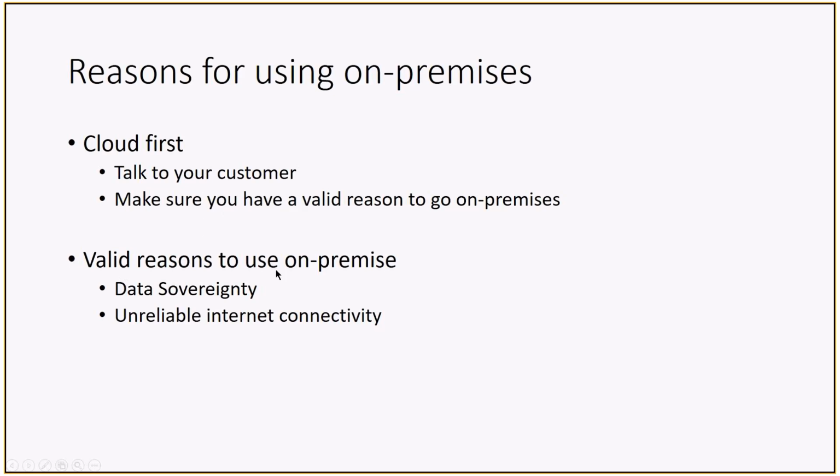The valid reasons from our standpoint to go on-premises are data sovereignty issues, where you have some local or corporate policies that prevent your data from sitting in the cloud. So data sovereignty would be a valid case to go on-premises. And then in cases where you have remote sites where the internet connectivity may not be as reliable, that could be another valid scenario for going on-prem.